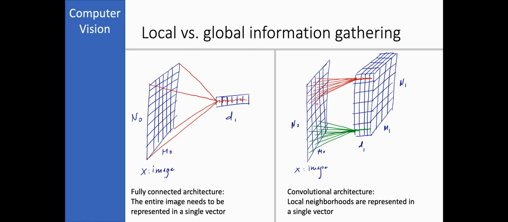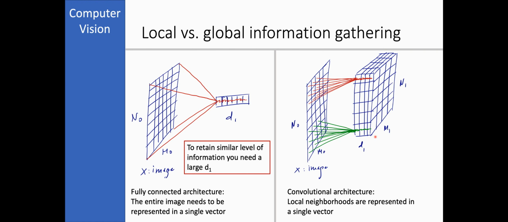And likewise, each of these neurons in these channels, they gather information from a local neighborhood in the image. So notice that I don't only use a small vector, I use a set of vectors, and each of these vectors is responsible for gathering information from a local neighborhood. So this tensor, this hidden layer, is much larger dimensional. And the information that's gathered across the different pixels in these channels is basically local information.